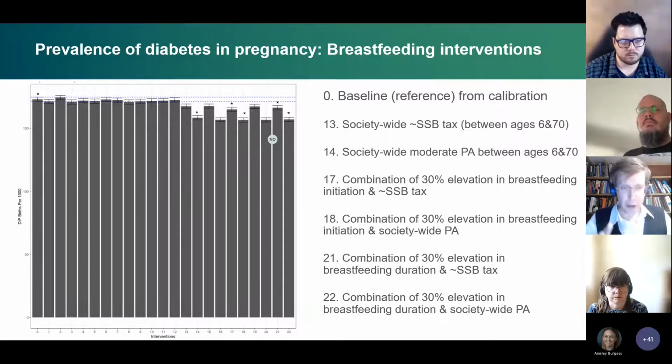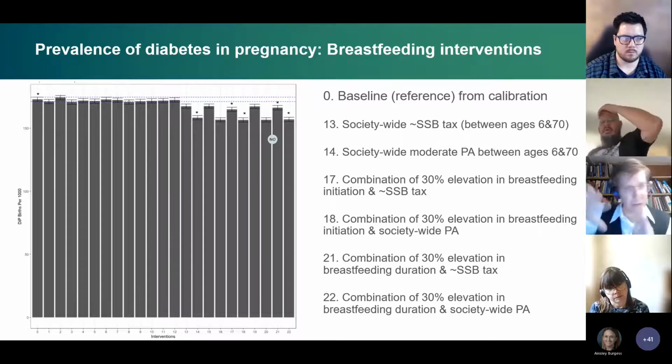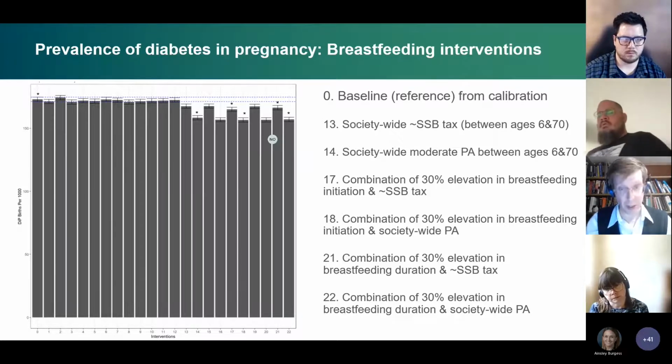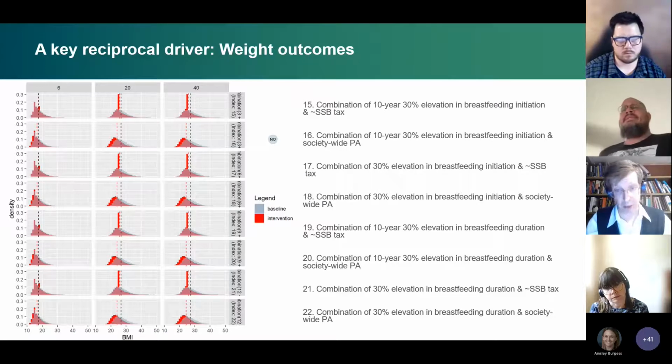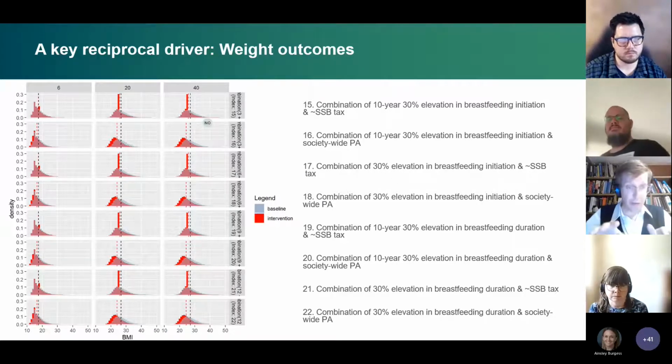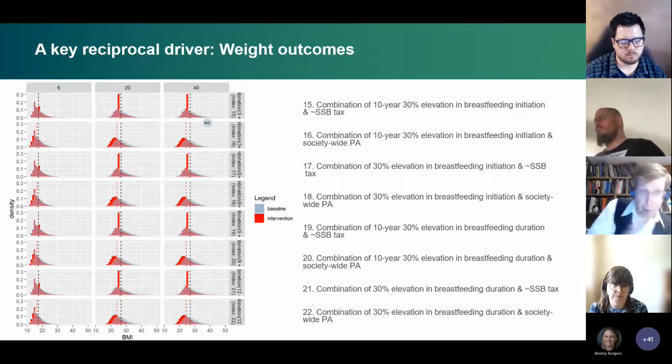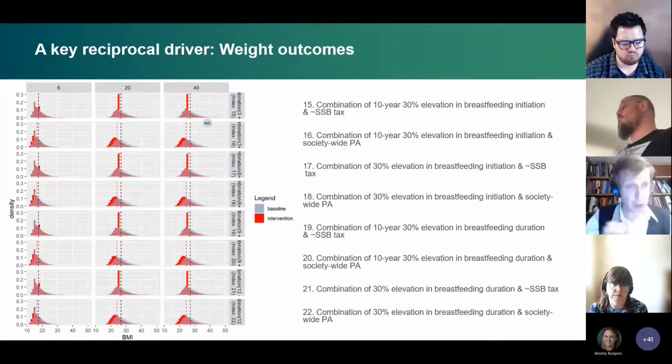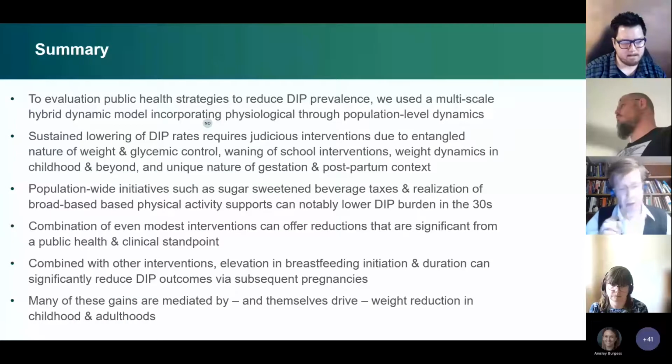This may seem counterintuitive because, of course, diabetes in pregnancy one associates with the pregnancy period before breastfeeding initiates. But it's important to realize the model captured the effects on later pregnancies, and through a lot of these outcomes those gains were realized. And it too can shift both child and mother BMI outcomes as a result.